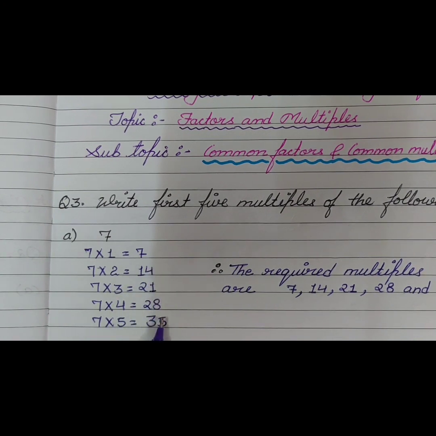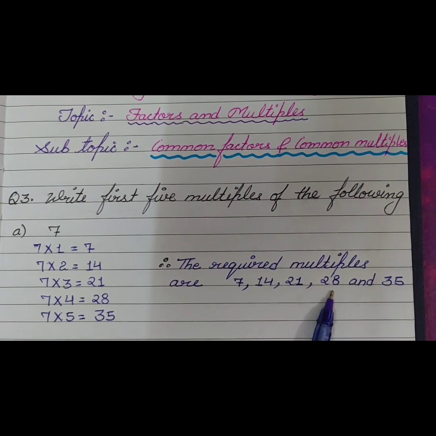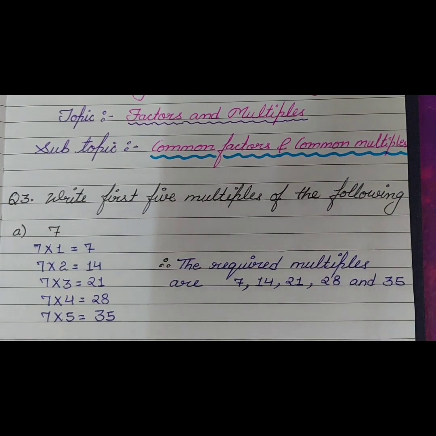So, these all are the multiples of 7. Therefore, the required multiples are 7, 14, 21, 28 and 35.